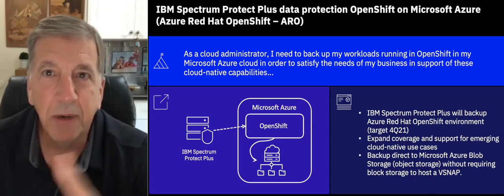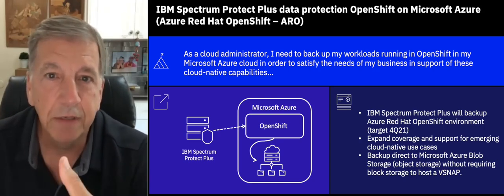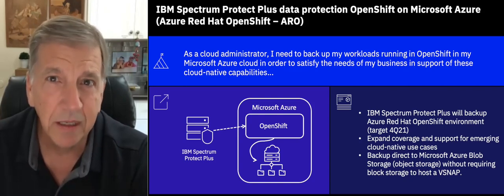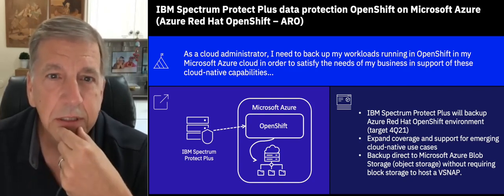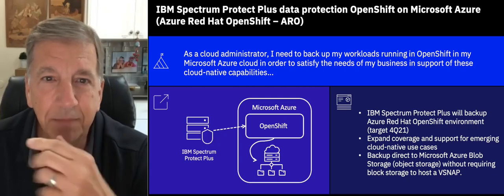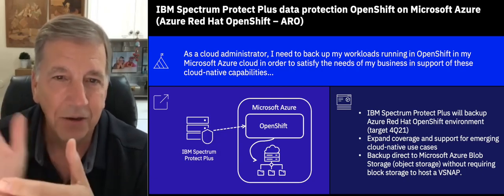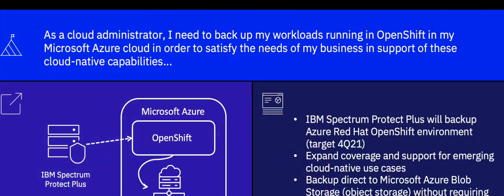What I've seen is that the majority of OpenShift deployments today are on-prem, but you pick up that other 30-40% of OpenShift deployments in public cloud. Azure is certainly up there on the list, as well as AWS. So that's what we're introducing with our next release, focusing on Azure.